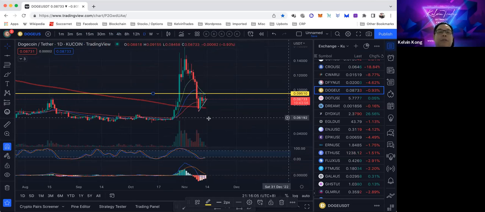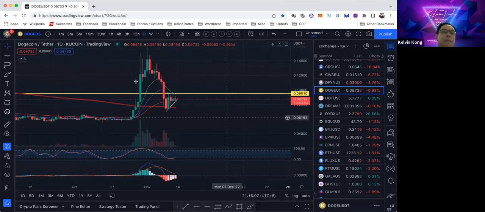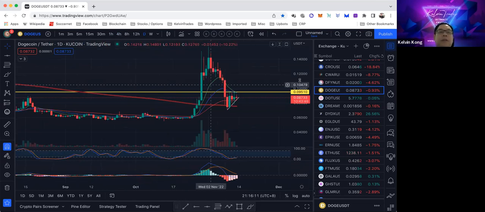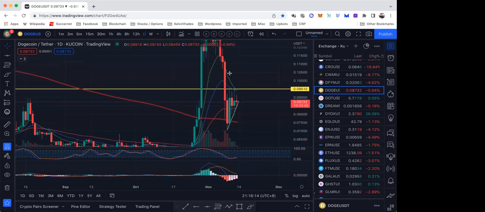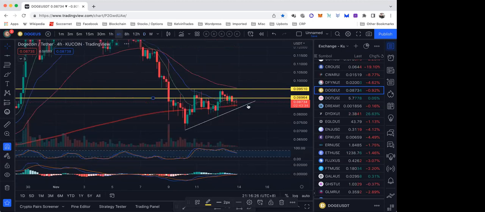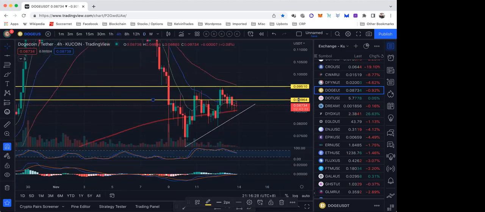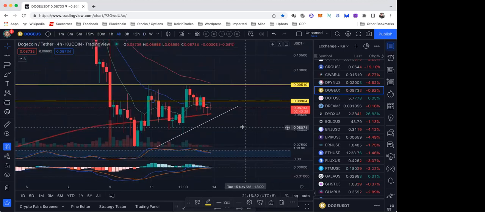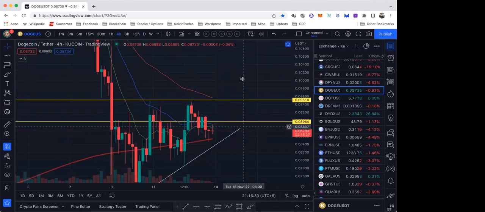What should we do? Samir, what should we do? The stochastic RSI, the two lines. But from the trend line, you can see if it can touch the trend line, and then it probably will bounce up and then can go for a long.